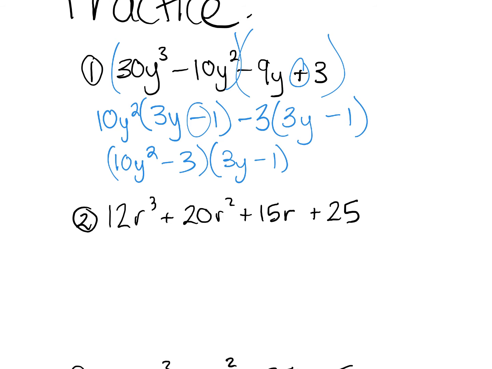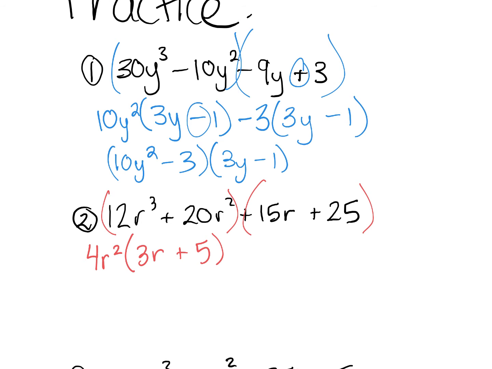Alright, so let's do number 2. Again, we have our first group, second group. So 12 and 20 are both going to be divisible by 2, right? But they're also divisible by 4. So again, you want to try and pick the biggest one. So let's take out a 4 and the r squared, leaving us with 3r plus 5.